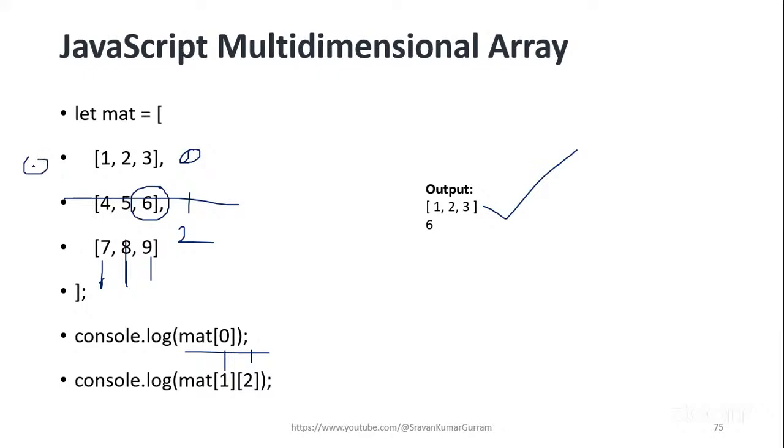If you want a clear idea, you can write like this 0, 1, 2. For the columns also, you must write 0, 1, 2. First row, in the first row we have the second column. Observe here, this is the second column and this is the first row. What is the intersection? 6. So that's why you will get 6 as the output.